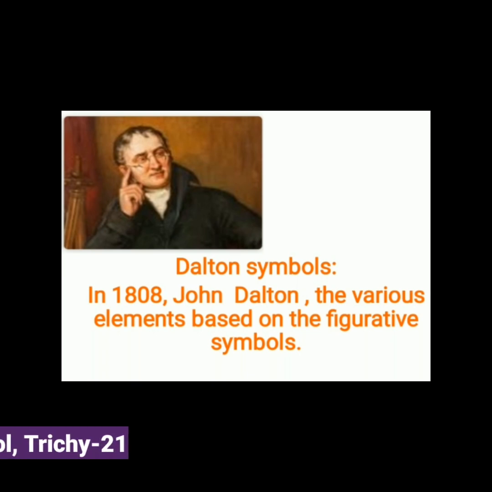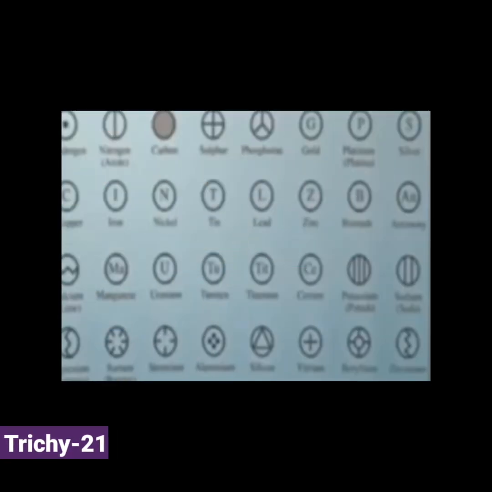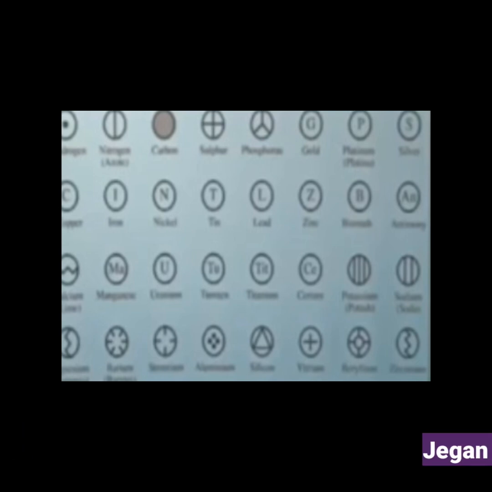For example, hydrogen, the first one, is a circle with a dot in the center. Next one, nitrogen, a circle with a single line, and so on.